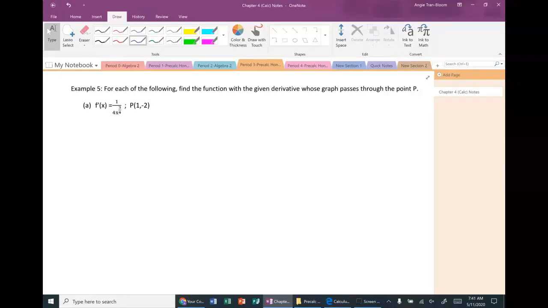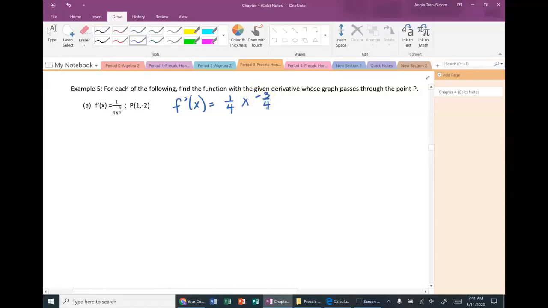Usually when I'm doing the derivative, I like to use power rule because it's slightly easier than quotient rule. So I'm going to rewrite this using a negative exponent, which gives us 1/4 times x to the negative 3/4, just like that.